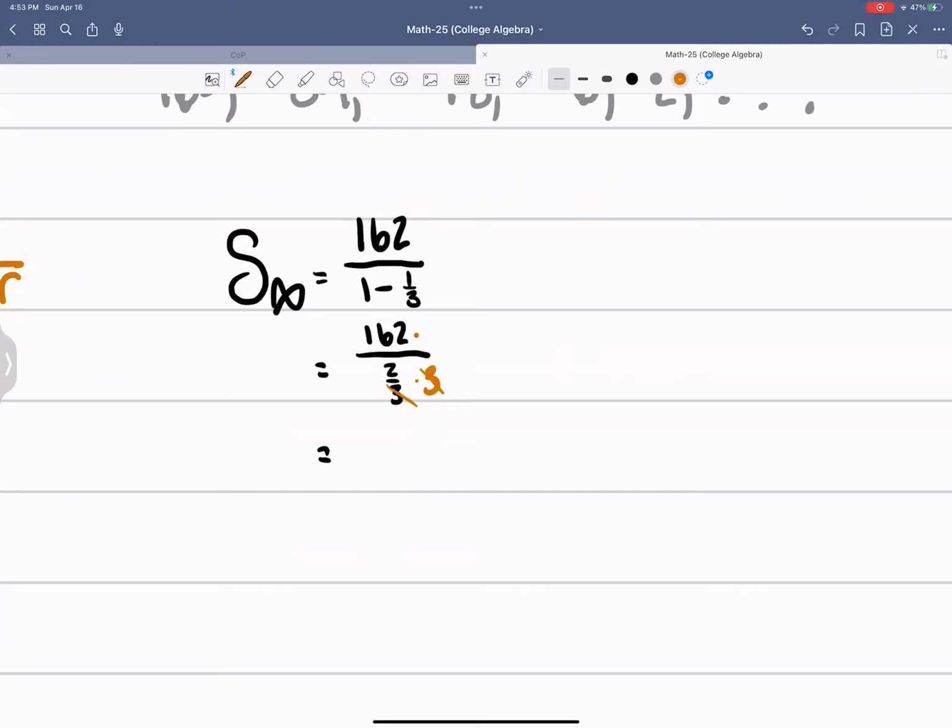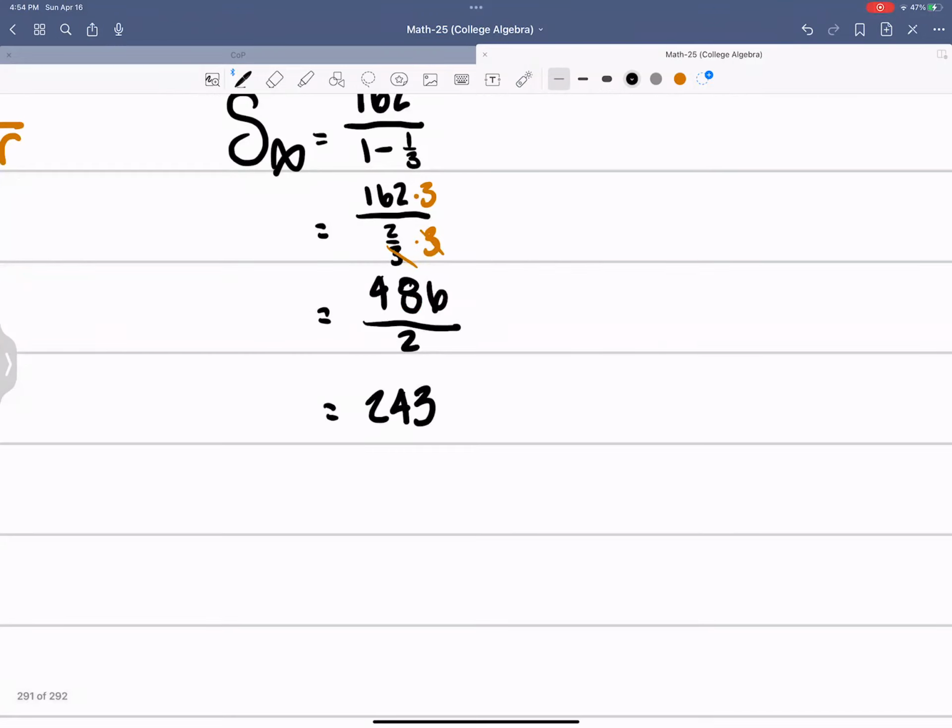But what we do to the bottom, we also have to do to the top. Multiplying those, it looks like we have 486, and we're dividing that by 2. When we divide it by 2, we get 243.